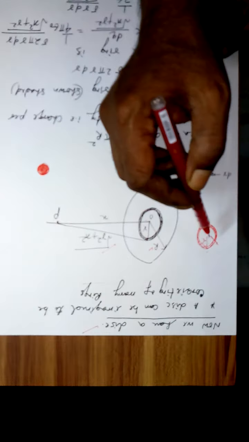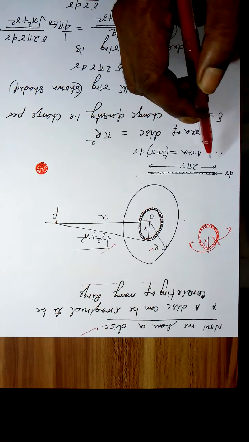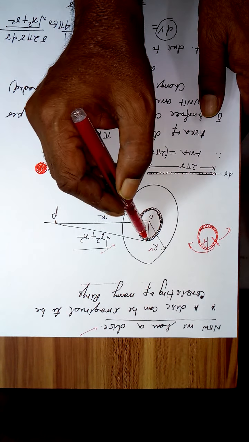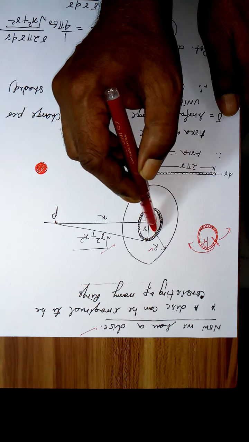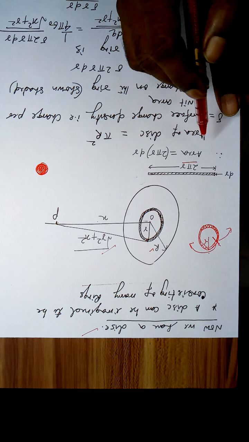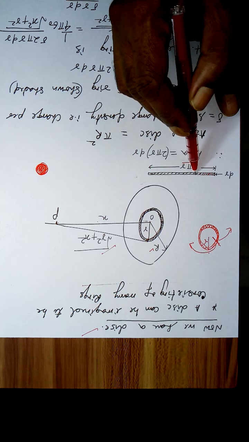By cutting it from here, if I bring this end to this side and this end to this side, I will get a strip like this. Since this is r, the circumference is 2 pi r, meaning from here to here the length is 2 pi r and the thickness is dr. So this area, which is the same as this black area, the area of the ring, will be length into breadth: 2 pi r into dr.